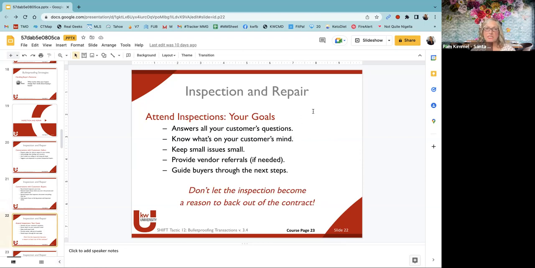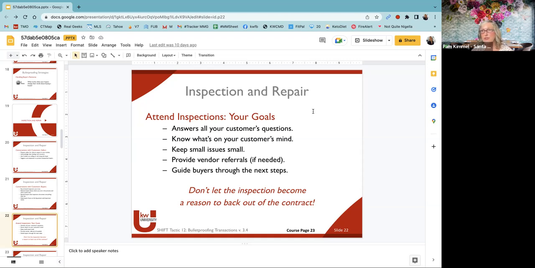So the next is attend the inspections. That helps, attending the inspections so that you can answer all of your customers' questions. And of course, like I said, invite them to the end of the inspection, know what's on their minds, like what on this report is causing you questions, what's giving you a little bit of a stomach ache when you see this report, and let's talk to the inspector and see what we can find out.